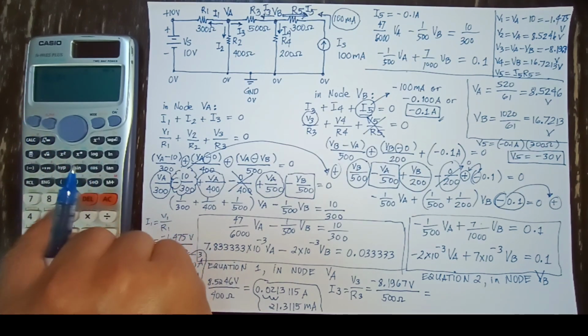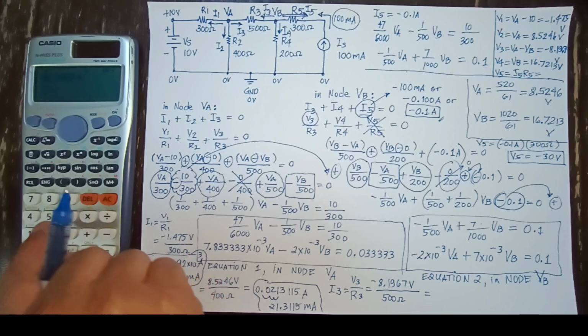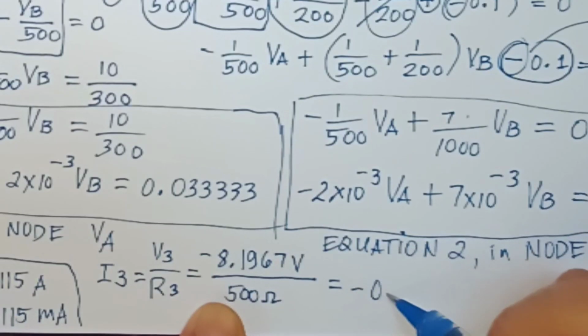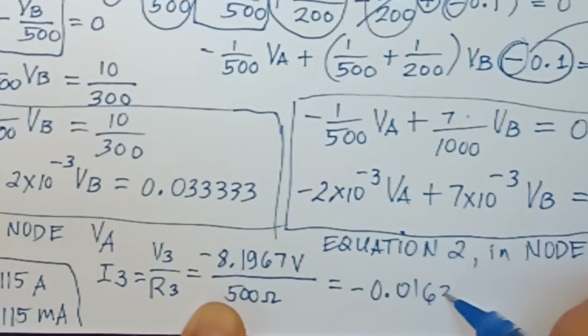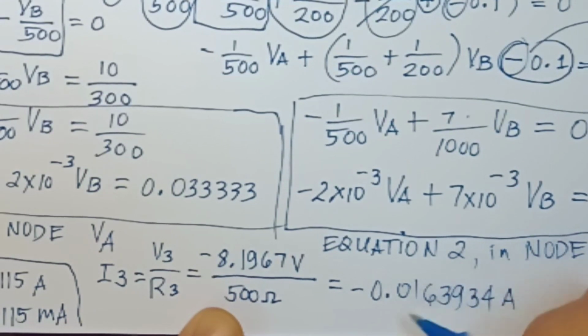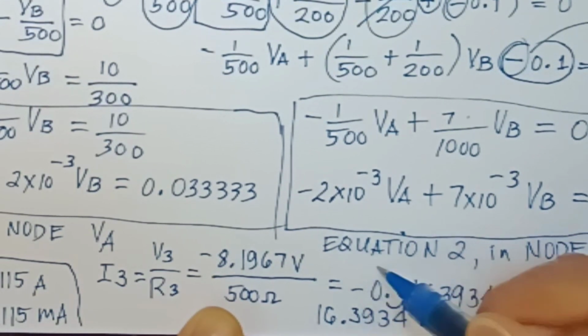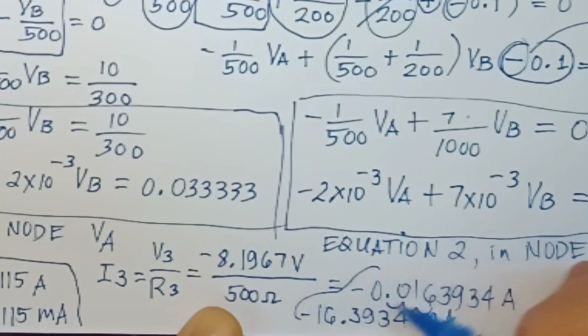And we can change it to milliamperes by simply moving the decimal point to the right 3 times. Just like here, we got 0.0163934. Let's move the point to the right 3 times. And we will be getting 16.3934 milliamperes. And there you go. We got the current flowing through R3, which is called I3.